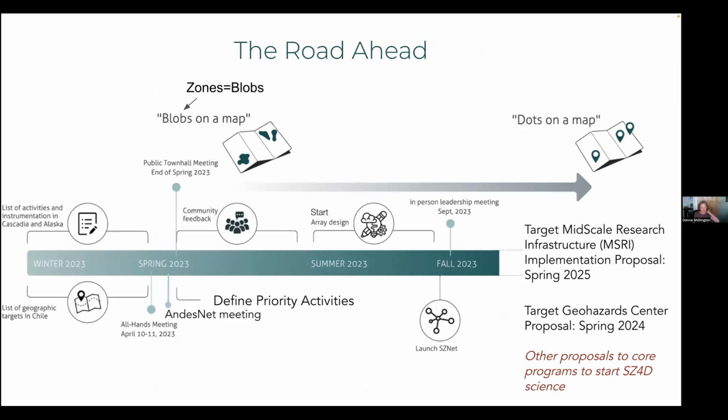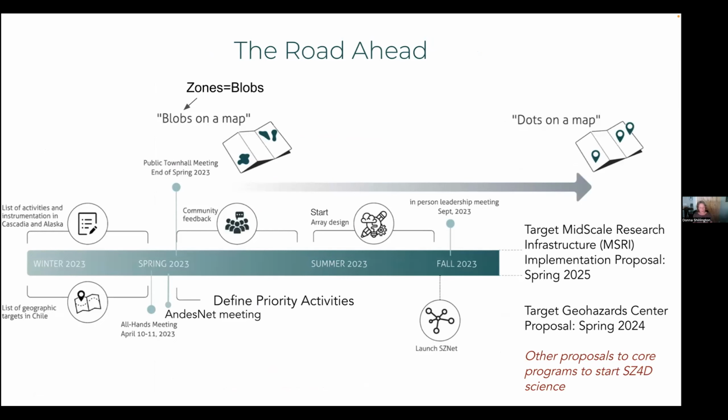And I just wanted to say a little, this is my last slide, about where SZ4D is headed from here. So over a long effort, there's been a definition of these science questions, a selection of these particular regions to focus on for the observational component.